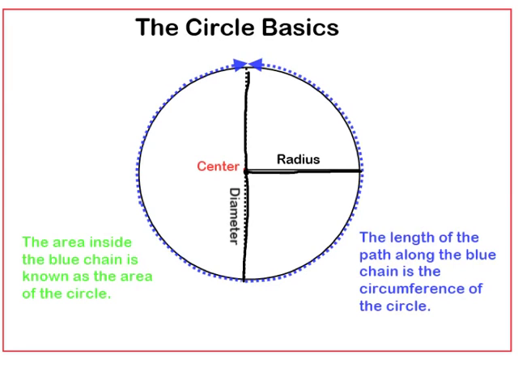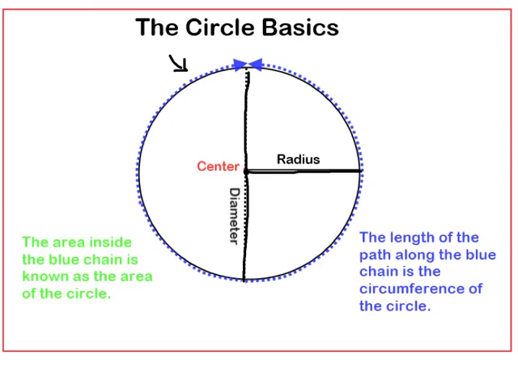Now, look at the colors here. The area inside this blue chain right here is called the area of the circle. The length of the path along the blue chain is called the circumference of the circle. The circumference is the same thing as perimeter. It is the distance around the outside, but the way we've been doing perimeter is by adding all of the numbers on the outside edges.